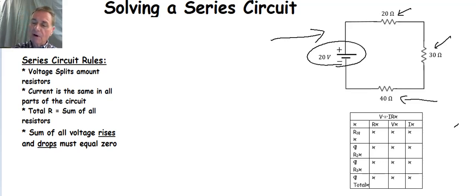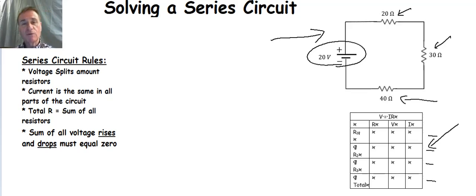In the lower part of the screen, what you see is a table. This table is a graphic organizer that I use when I teach, and it helps students figure out what the voltages, currents, and resistances of the circuit are. The way the table works is that it uses Ohm's law going down the rows, so row 1, row 2, row 3, and row 4 for the totals.